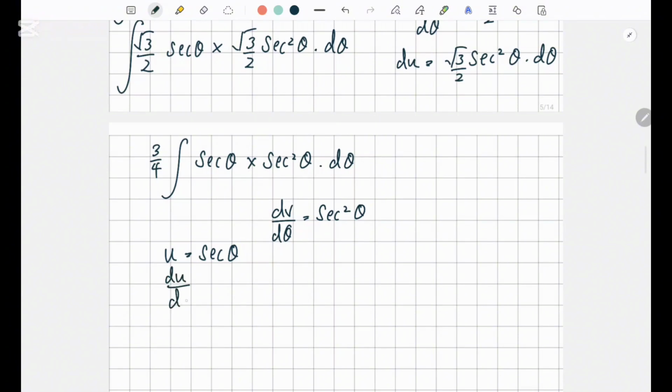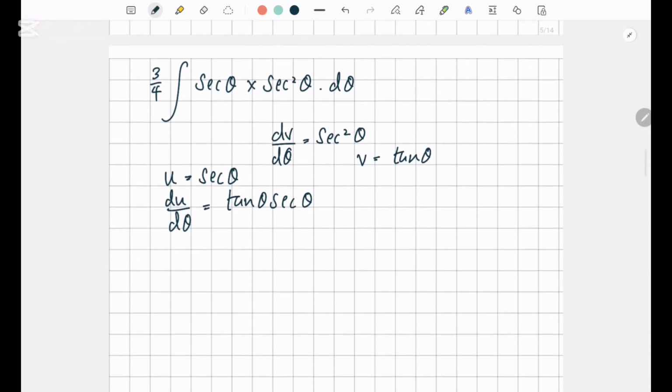So du over d theta equals, so the differentiation of sec theta is tan theta sec theta. The integration of sec squared theta is tan theta. Easy, right? Now the formula for integration by parts is uv minus the integration of v du over d theta d theta. This is your formula.